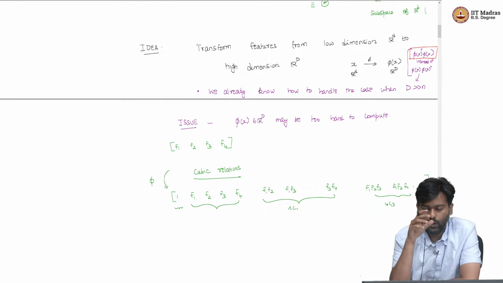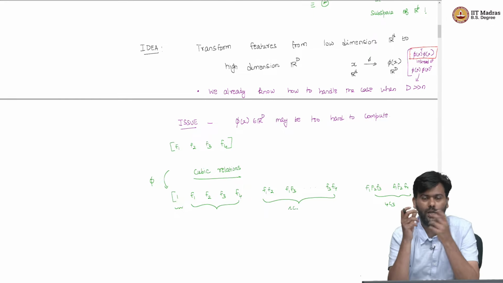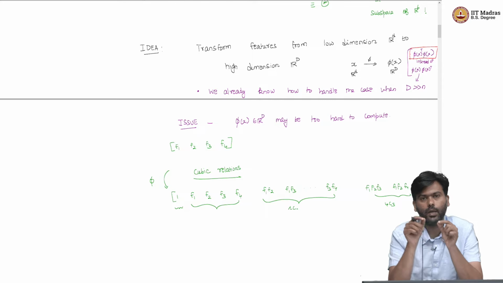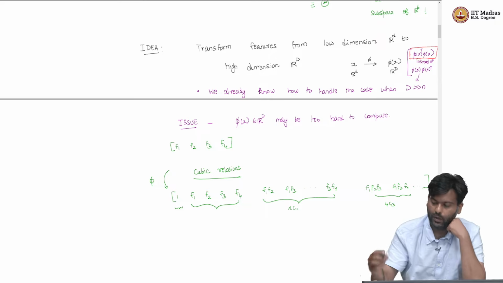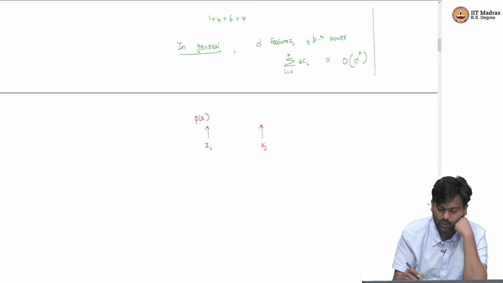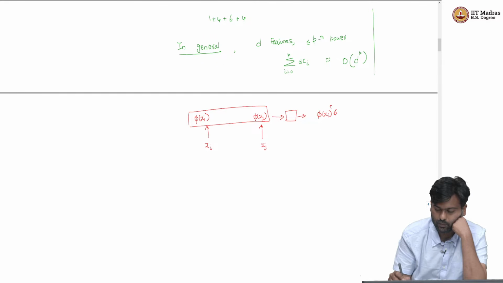So essentially what you really need is phi of x transpose phi of x, right? Meaning you need a matrix with the pairwise dot product between any two items. So if I give you an xi and some xj, you are mapping xi to a high dimensional space and mapping xj to a higher dimensional space, and then both of these are given as input, and we are essentially computing phi of xi transpose phi of xj.